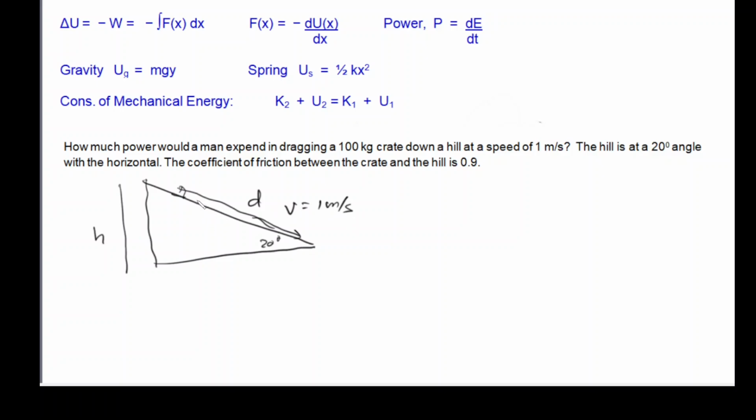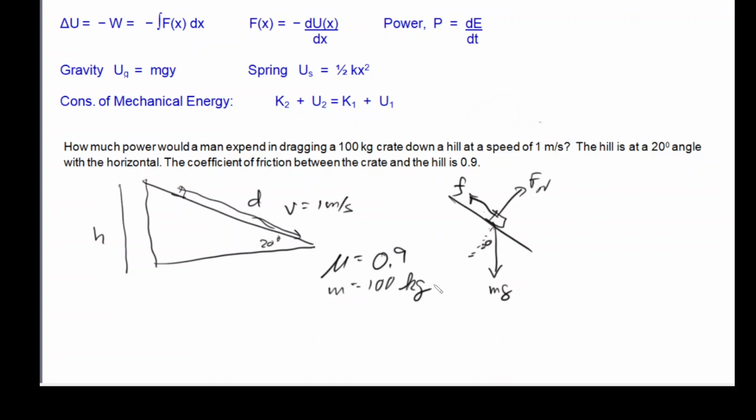So if we look at our free body diagram, we have the weight, we have the normal force, and we have friction, and that's 20 degrees. We also know that the coefficient of friction is 0.9 and the mass is 100 kilograms, the crate.